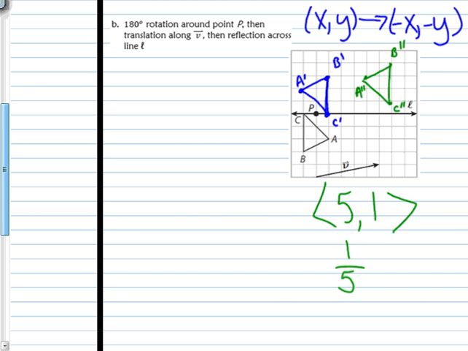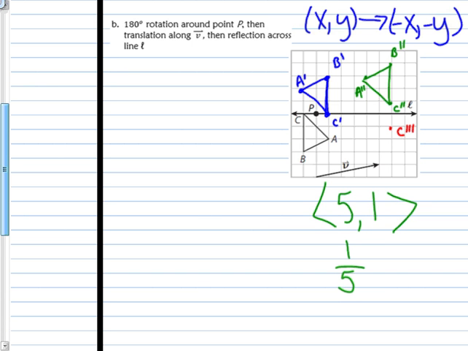Okay. Lastly, we are going to reflect it across line L. And this reflection is super nice because it's a nice horizontal line. So we can do the counting, as a lot of you like to say. Can we just count? And yes, we can. So C prime is 1 above the line of reflection. So C triple prime is 1 below.